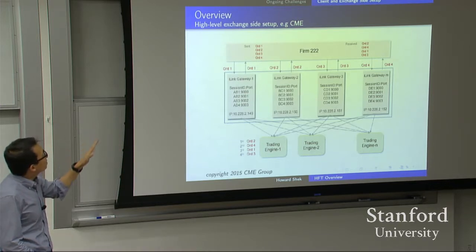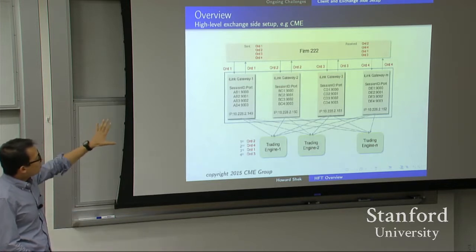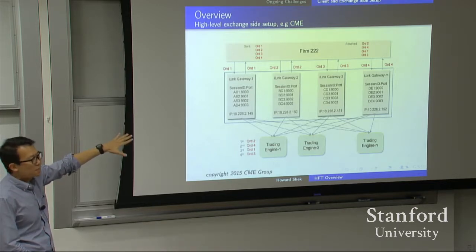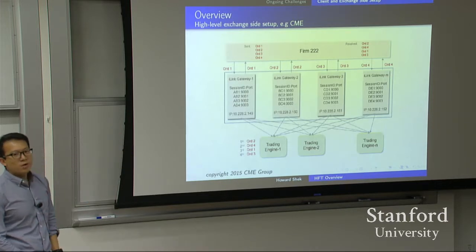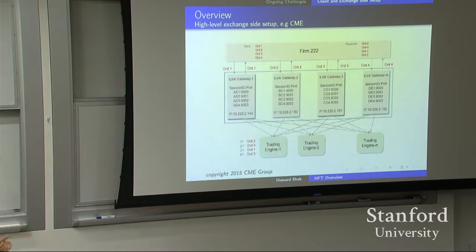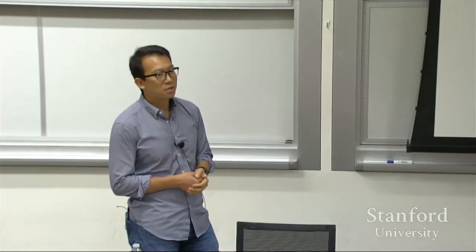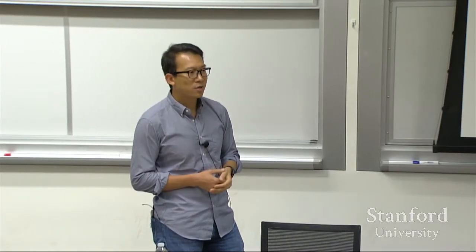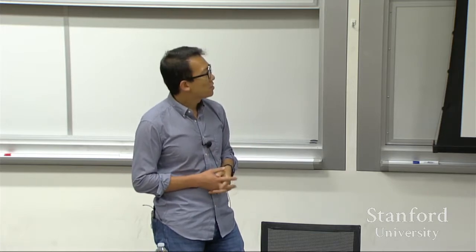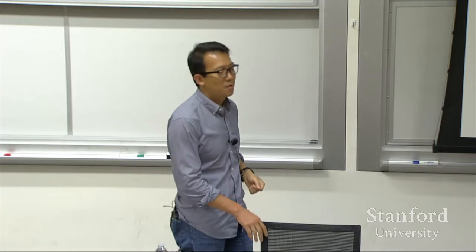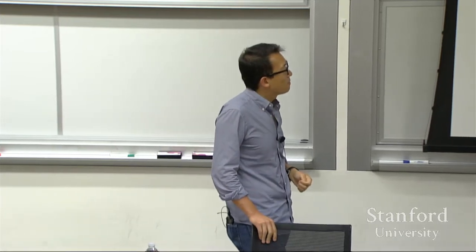So I use CME as an example in this case. After an order leaves the trade box, it reaches the exchange and the exchange gateway. Each exchange could have multiple gateways. What these gateways do is parse the order and do a preliminary order check, make sure that it has all the necessary components, and then acknowledge the order back to the strategy.